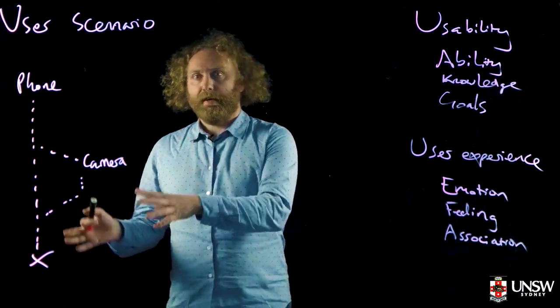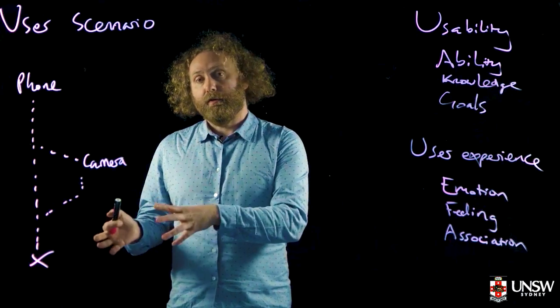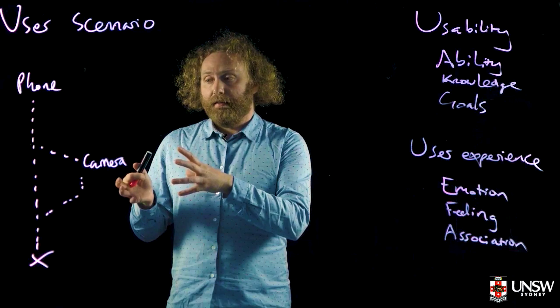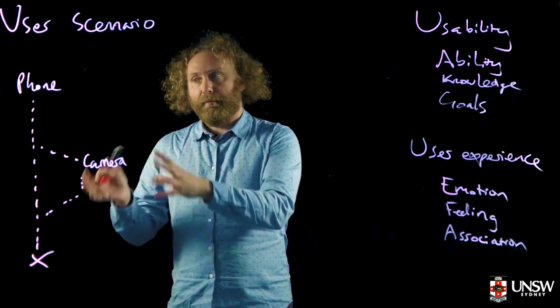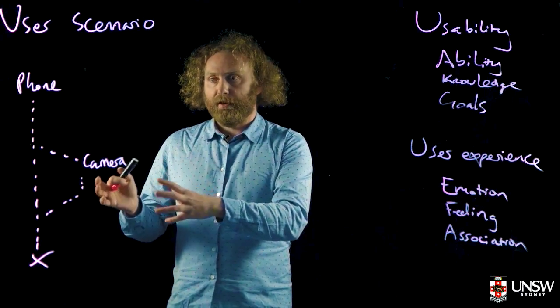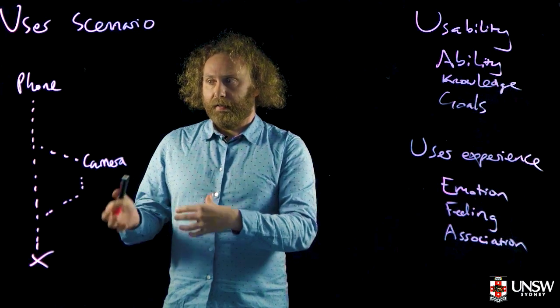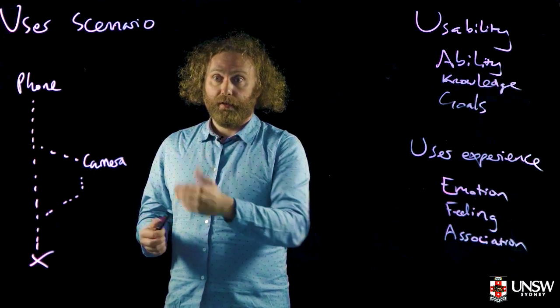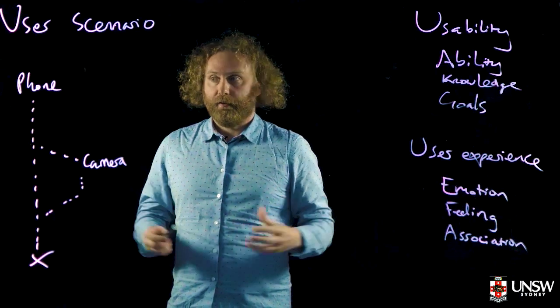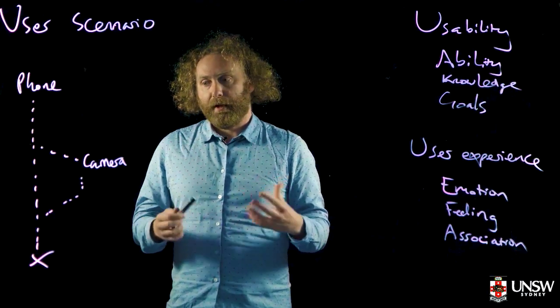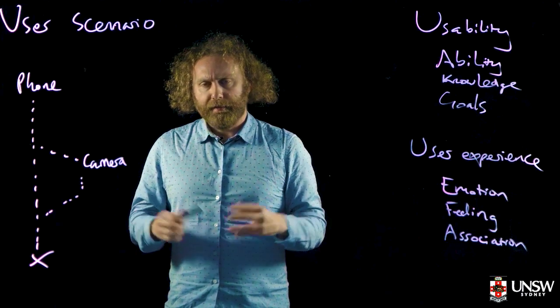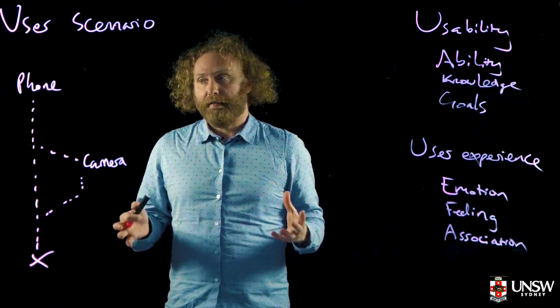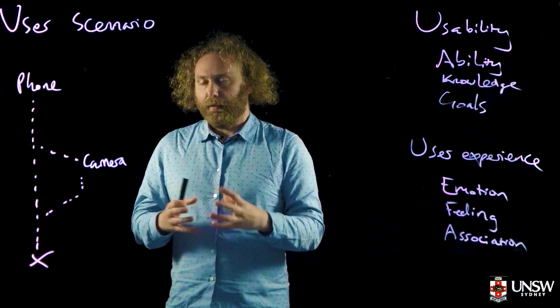So when we go back to the user scenario, one of the things we really need to think about is this scenario happening in the wild, the spontaneity with which someone decided to undertake that activity of taking the photo whilst on the phone, and what context was required for that to come about. So 15 years ago, we simply didn't have that kind of technology where everything was all in the one place.